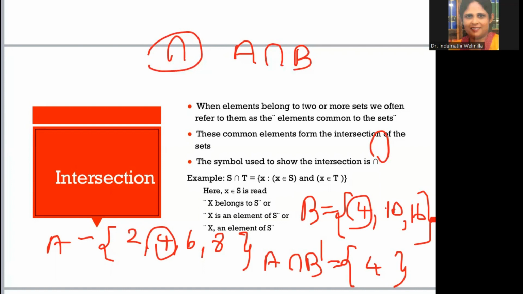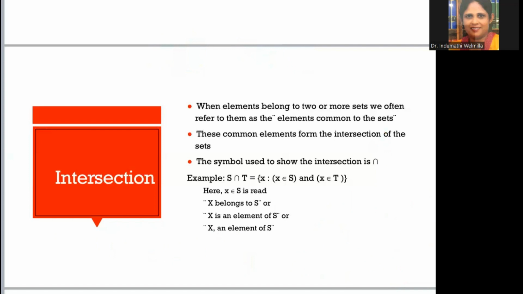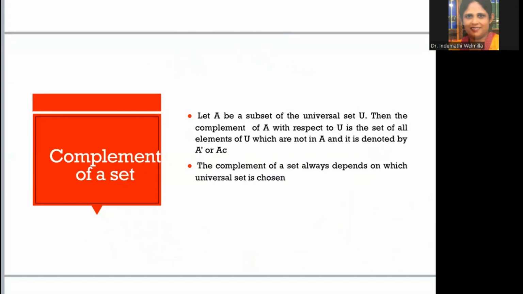And one more thing, you have to know complement. Shall I move to the next one? Next slide. Yes, complement of a set. Let A be a subset of the universal set.